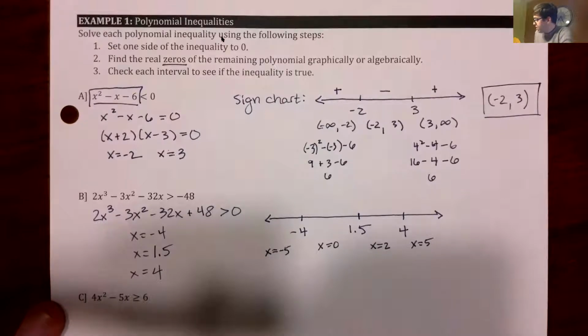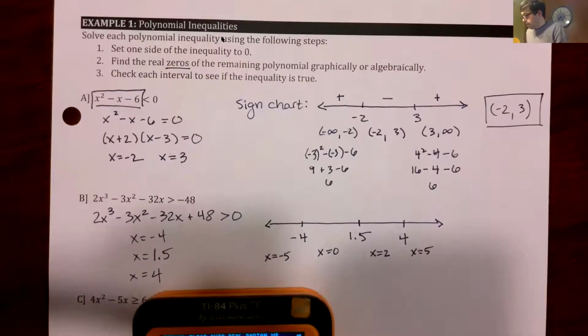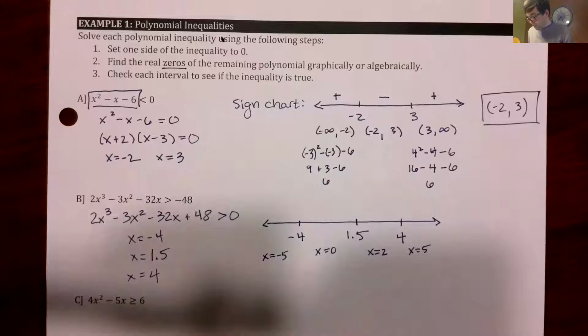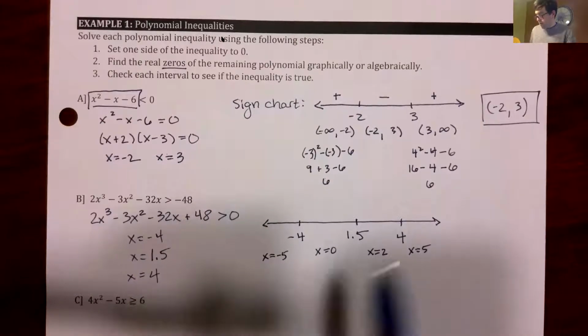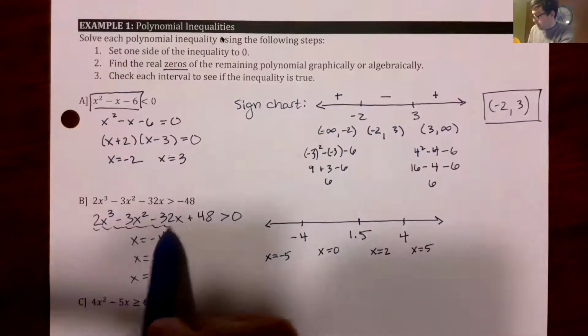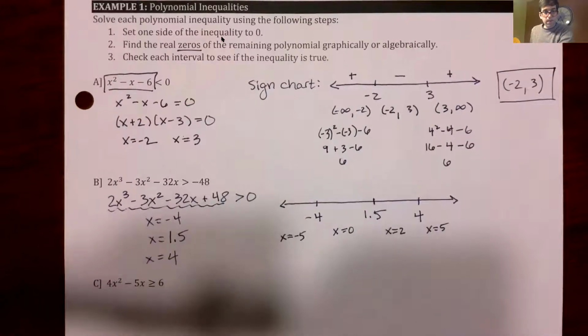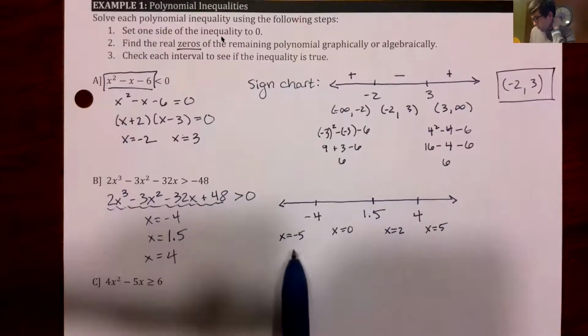Okay, so I'm going back to the calculator again, and I'm going to type each one of these in. I already did this ahead of time, so I'm just going to tell you what the answers are. So for -infinity to -4, I'm going to plug in -5, and I get -117.